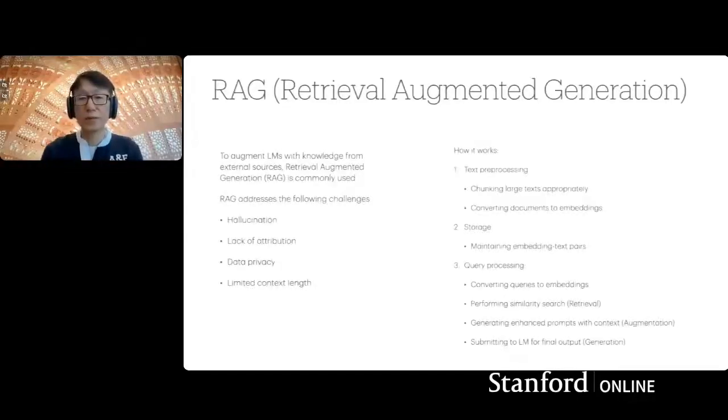Then when a request or query comes, you could turn this query into embedding space so that you could do a nearest neighbor search, select the top K relevant text chunks, and place them as part of your prompt. As in some of the slides we saw previously, you put the reference as part of the prompt and the model only makes use of this reference. So this is one good way to make use of your own proprietary data.